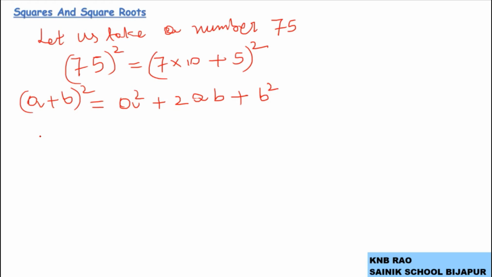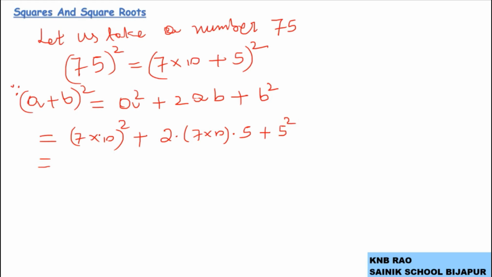Similarly, using this identity, we can expand this 7 into 10 whole square plus 2 into 7 into 10 into 5 plus 5 square.